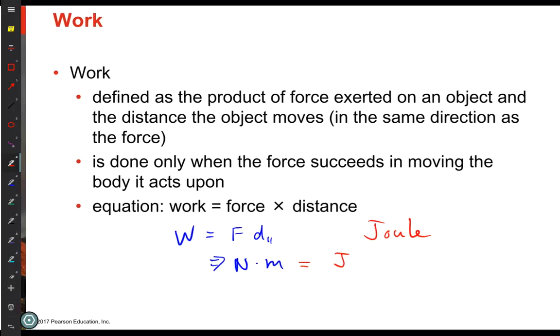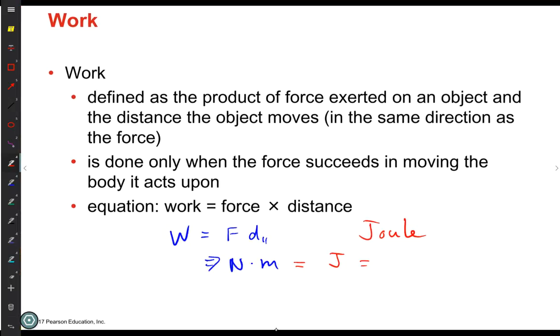So if you put it all together, that's a kilogram meter per second squared times another meter, which means kilogram meter squared per second squared. This is the unit of energy using base units, and the name we give to that is the joule. So that's the unit of work and it's the unit of energy.